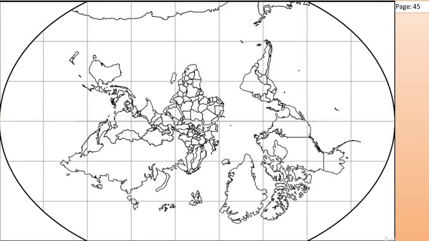Let's start. In your book, page number 45, you have this drawing. It's the drawing of the world map, or the Earth surface. It's not colored, right? So, with your crayons, try to color this drawing. These large spaces should be colored with blue, while these small segments should be colored with green, right?